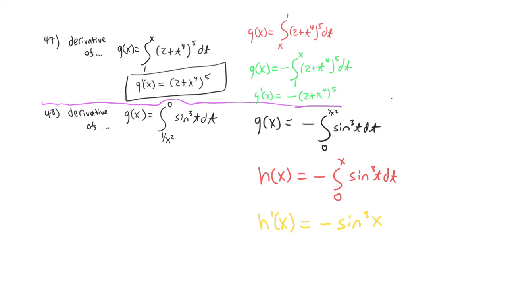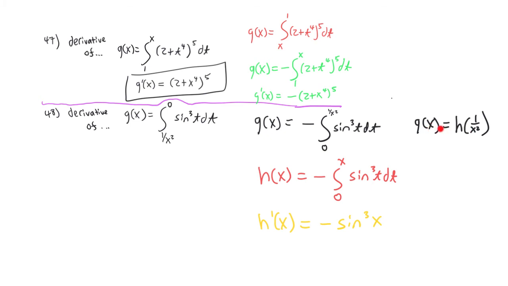Okay, now, what do you do from here? Because they're not asking for this, they're asking for the derivative of this, right? Well, the good news is we can now use the chain rule. Let's keep in mind that g of x is actually equal to h of 1 over x squared, okay?